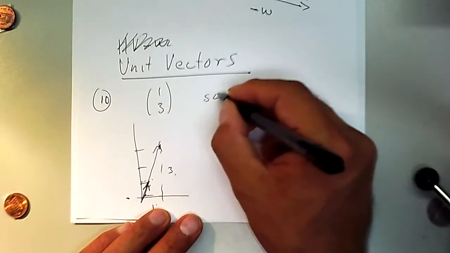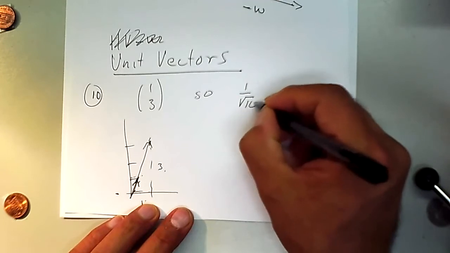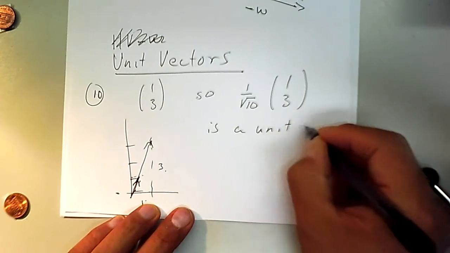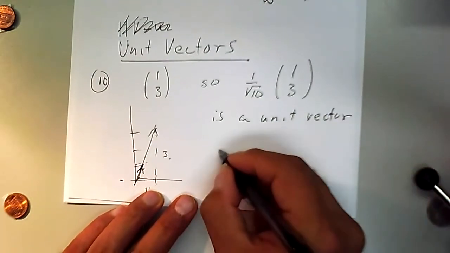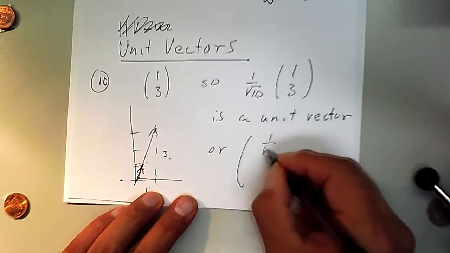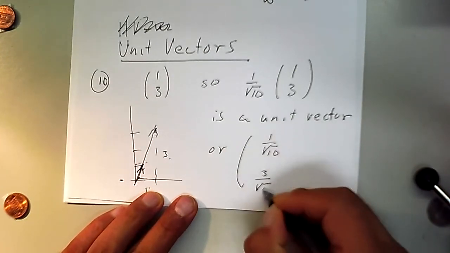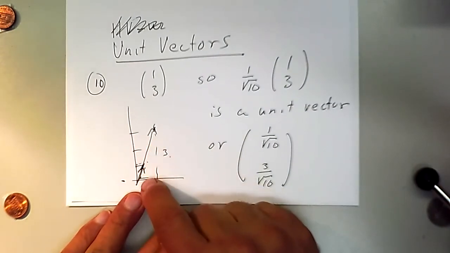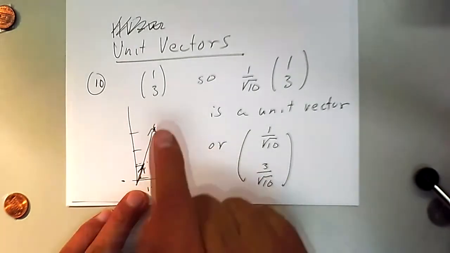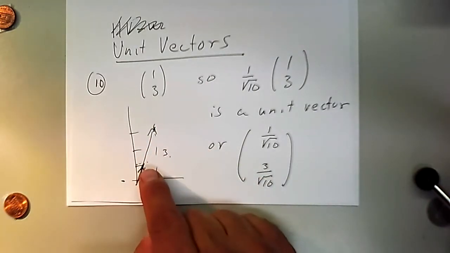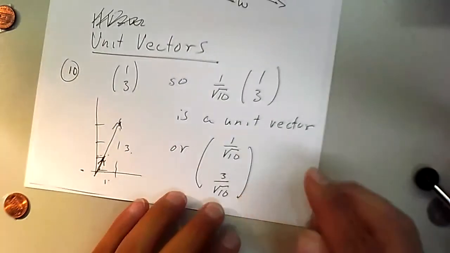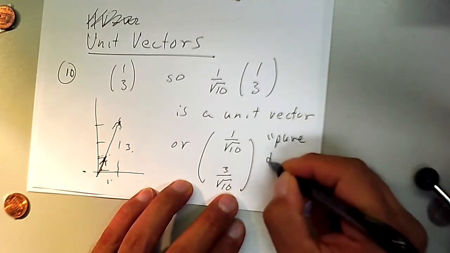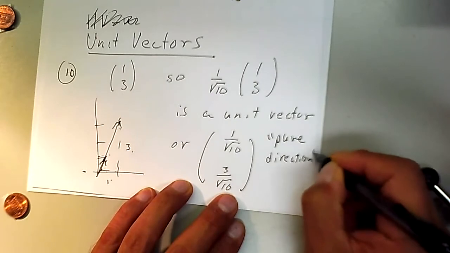So 1 over the square root of 10 times (1, 3) is a unit vector, or (1 over the square root of 10, 3 over the square root of 10) is a unit vector, and it perfectly lines up with the given vector. It is going in the same direction and pointing the same way, except that we have what I would call pure direction. This is what I personally call pure direction, because there is no length.